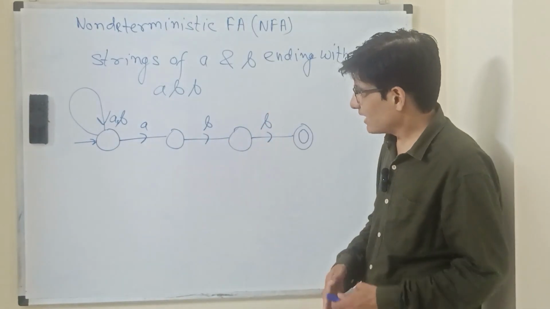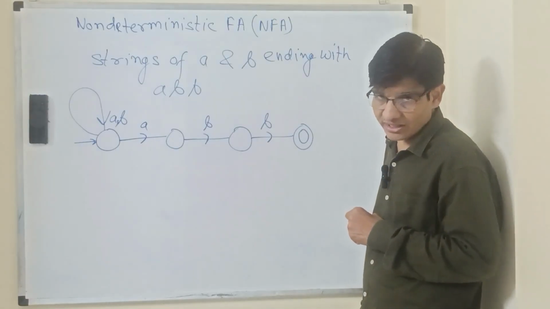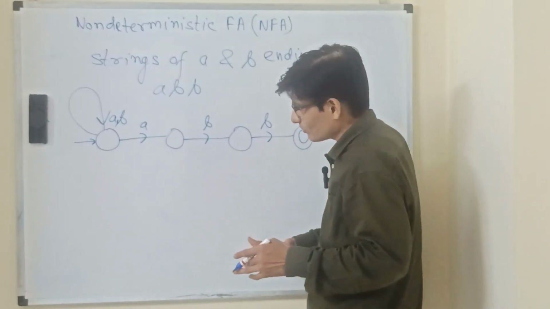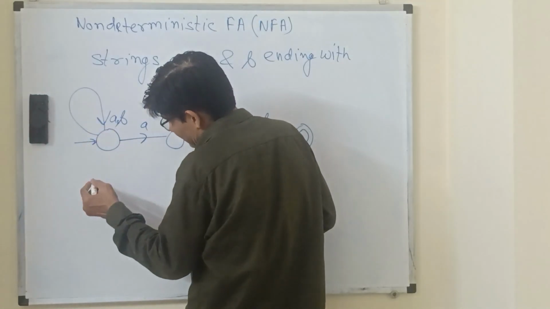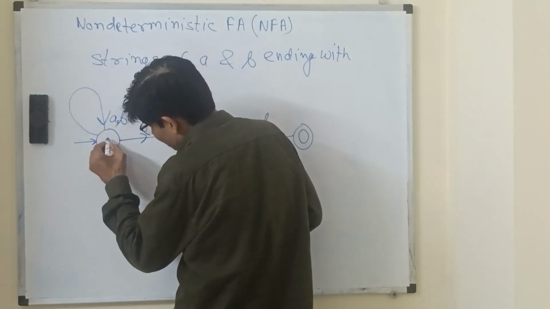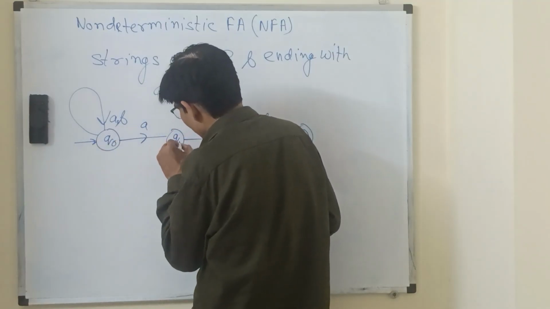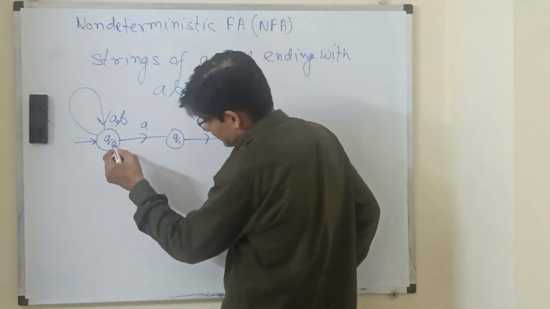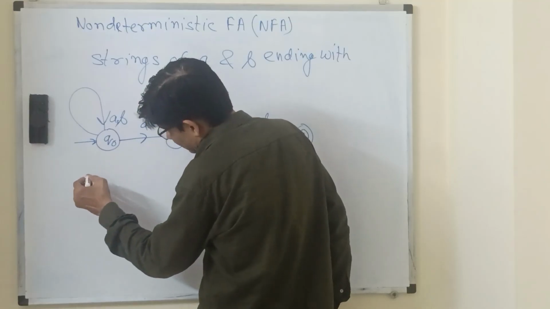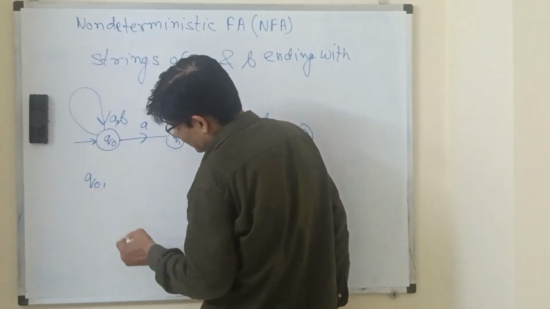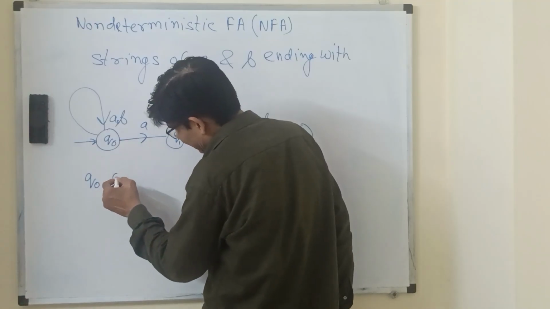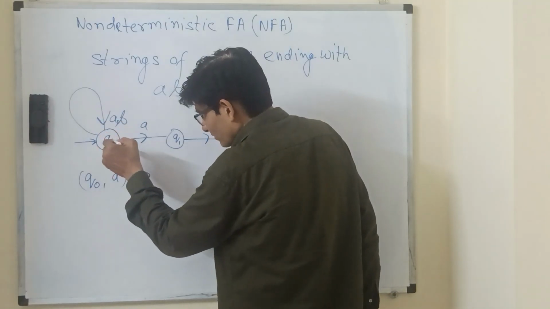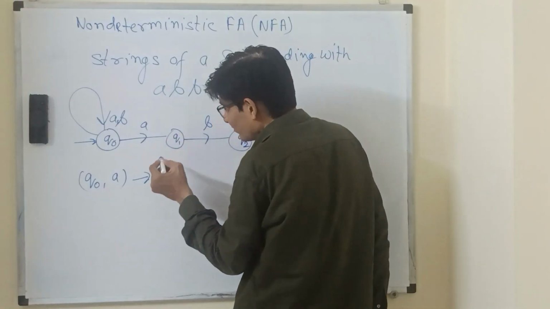And you can see here how it is an NFA. For at least one state, more than one transition rule is there. For the initial state, if I name the states Q0, Q1, Q2, and Q3, then if I'm on Q0 and I get the input symbol A, I can be on Q0 itself, or I can be on Q1.